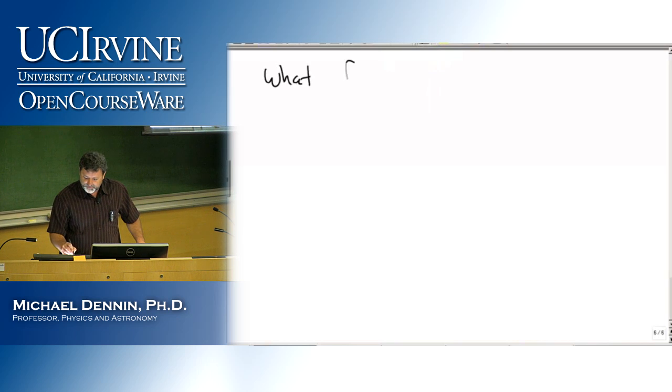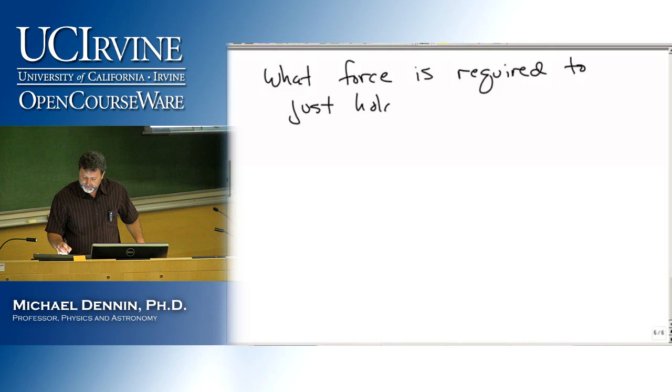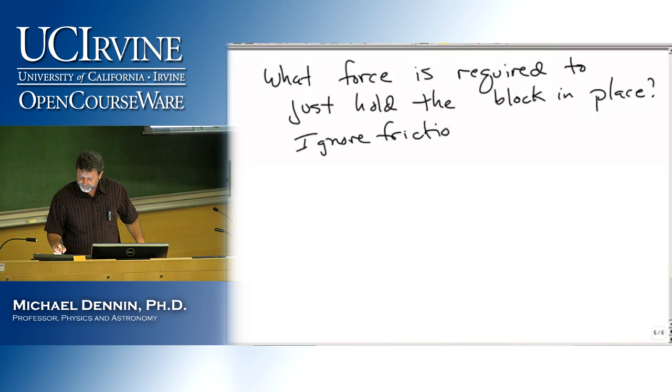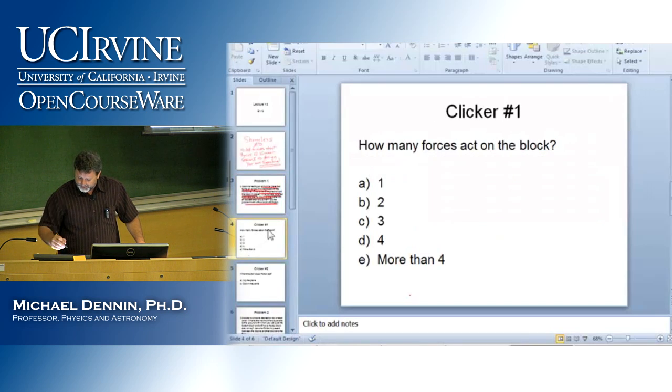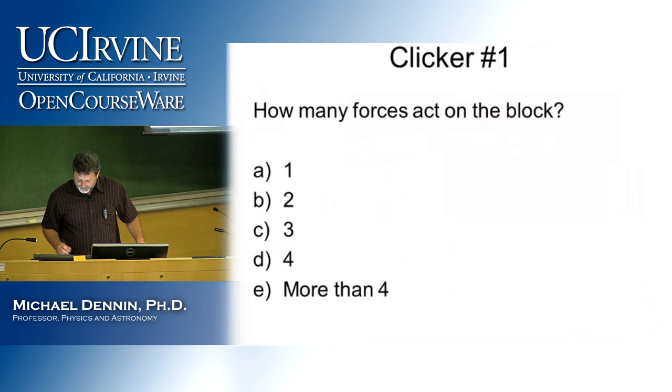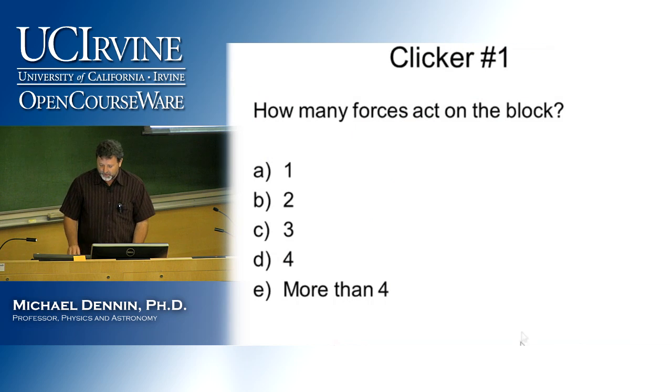What force is required to just hold the block in place? And in this case, we're going to ignore friction. We'll do that one first. So we go to our clicker question and always ask ourselves, how many forces are in our free body diagram?